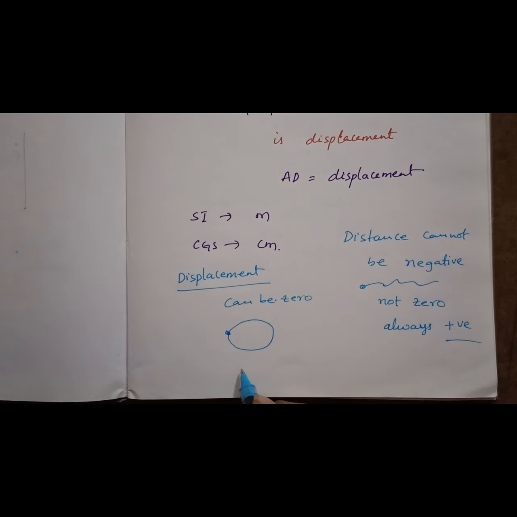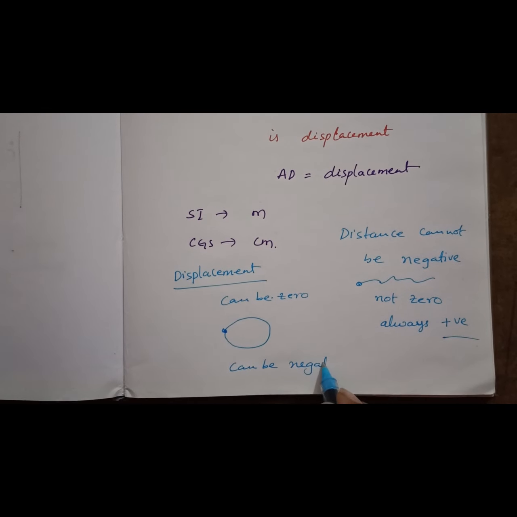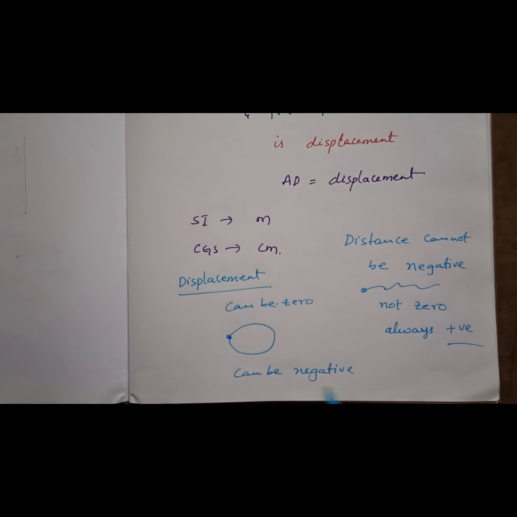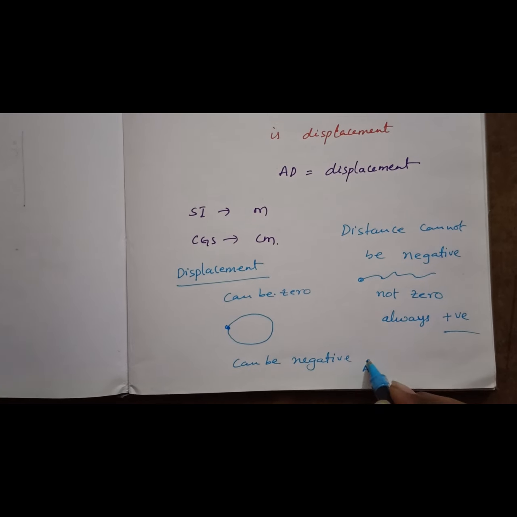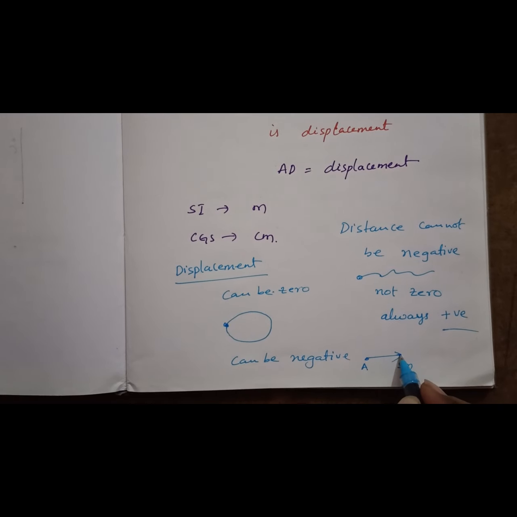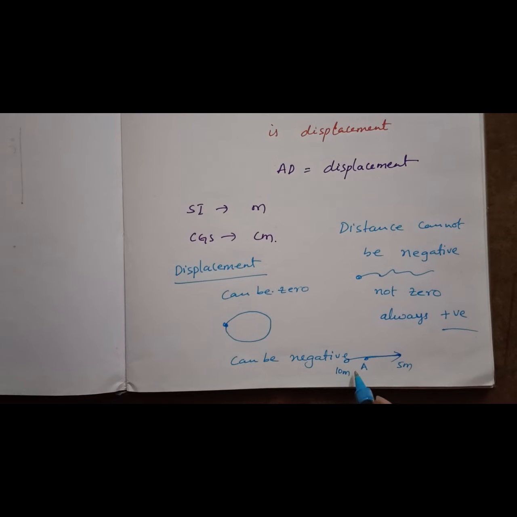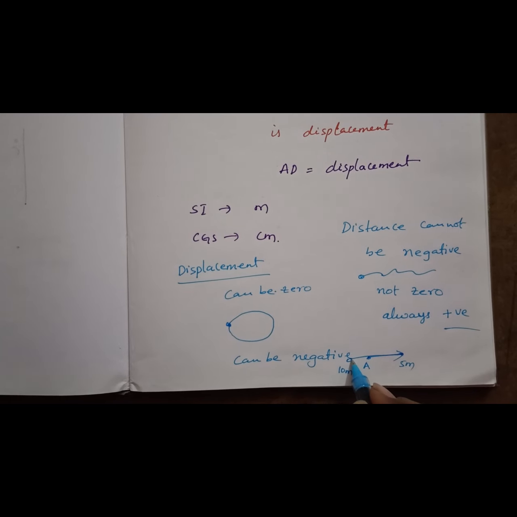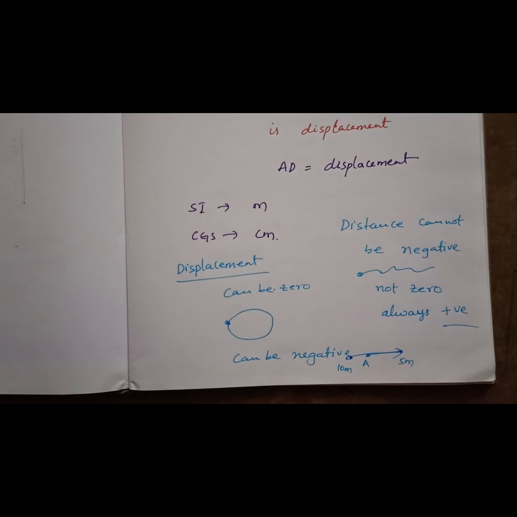Now it can be negative also. When he started from point A, travels 5 meters in one direction and returns back, travels 10 meters, then his displacement is negative.